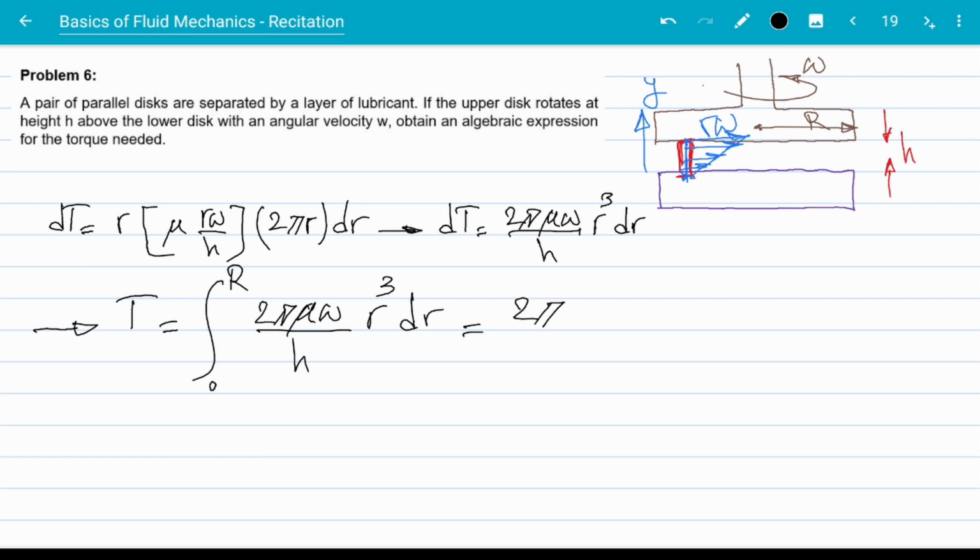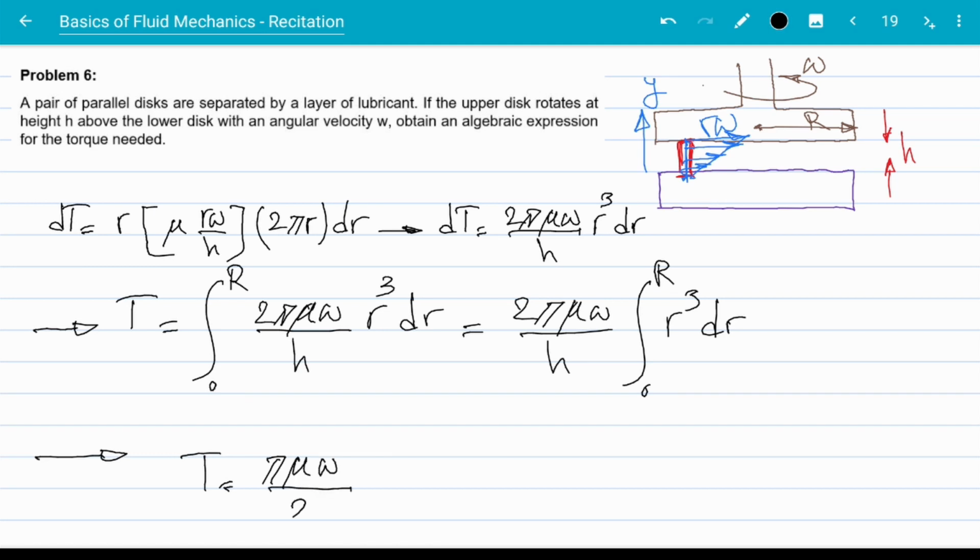You have 2 pi mu w over h, integral from 0 to capital R of r cubed dr. Finally, total torque is pi mu w over 2h R to the power of 4.